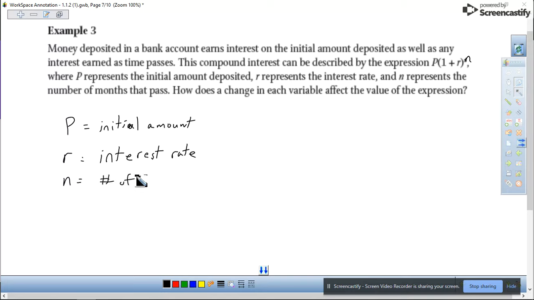Sometimes we'll also see it as a T for time, but in this case we have number of months, so that variable could be different. So the question is, if I change one of these three values, how does it affect the overall problem? In general, we have P times 1 plus R to the n power.